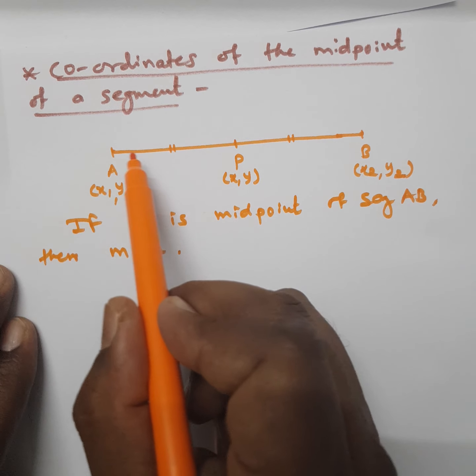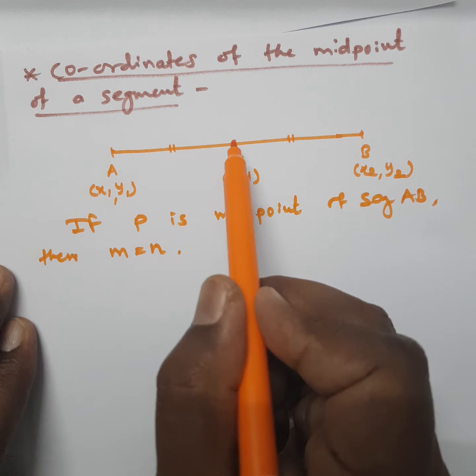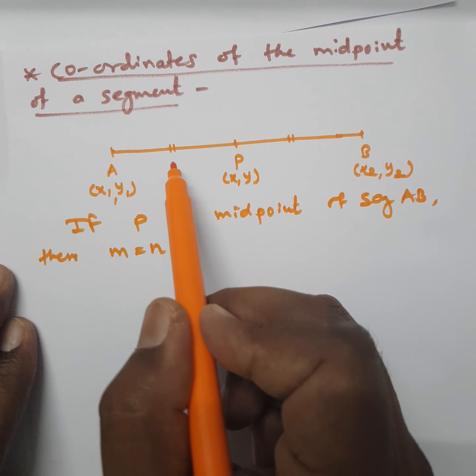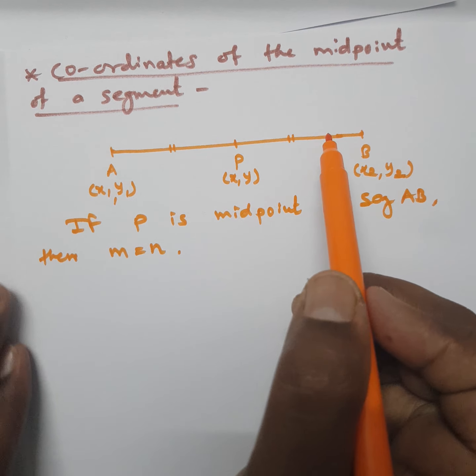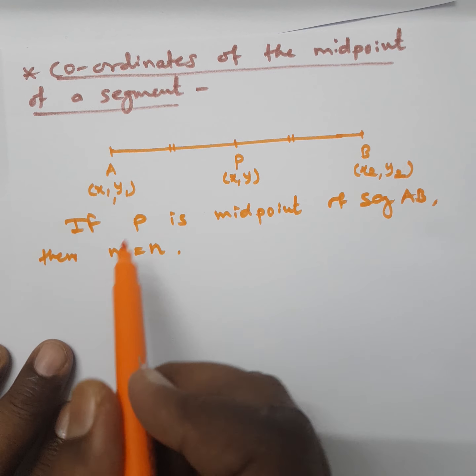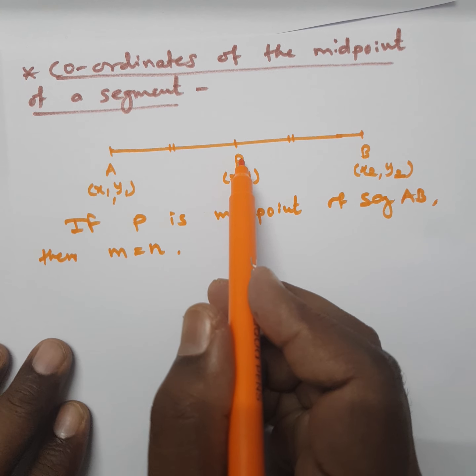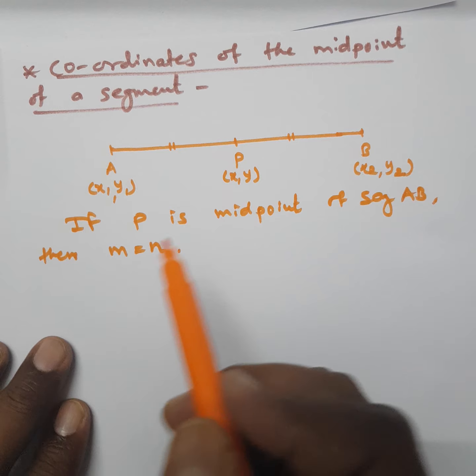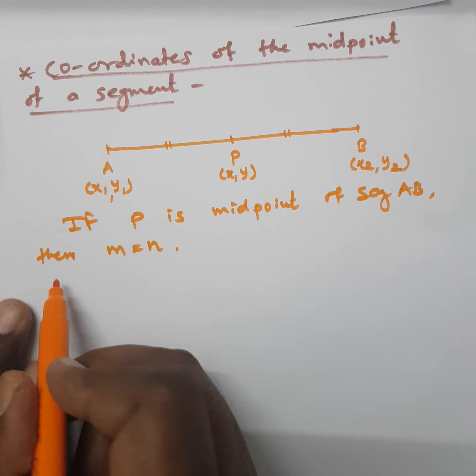In the last formula, we have taken AP is to PB is equal to m is to n. But here, as given P is the midpoint, m will be equal to n.